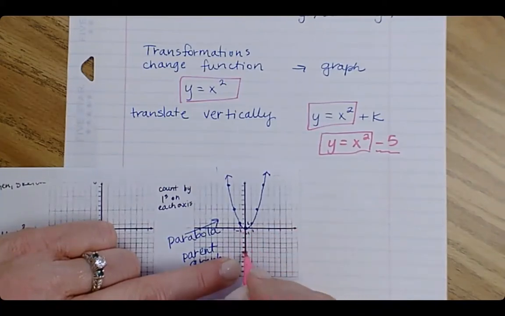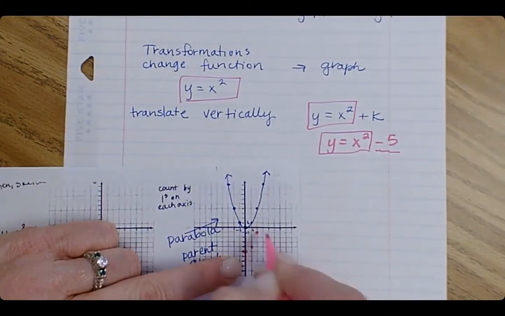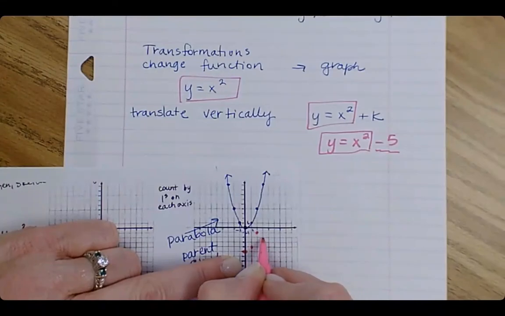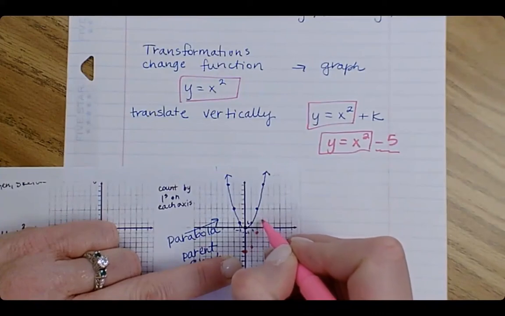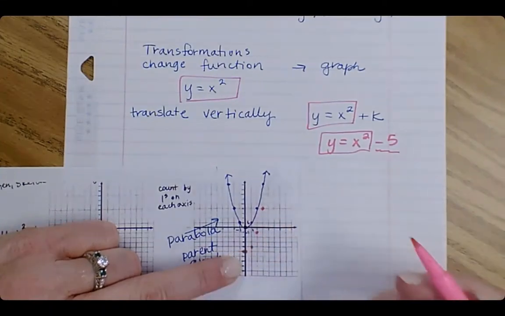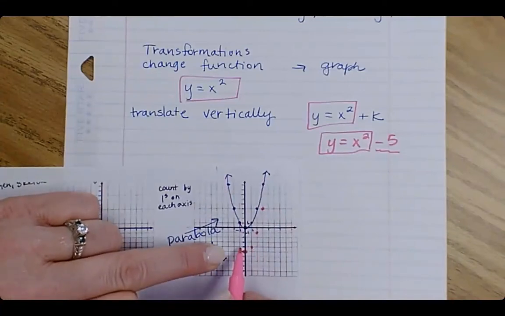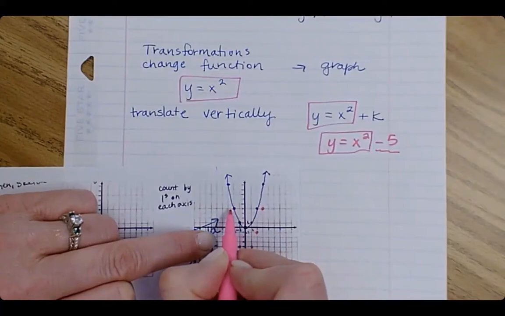And that relationship of from the vertex going over 1 and up 1, going back to the vertex going over 2 and up 4, going back to the vertex going over 3 and up 9, then parabolas are symmetric, so I know there's going to be mirror images on the other side.